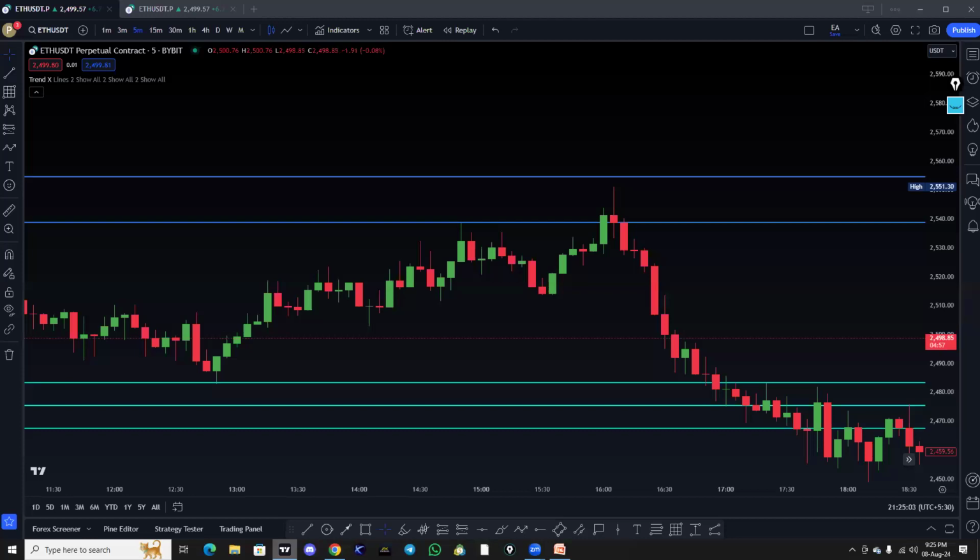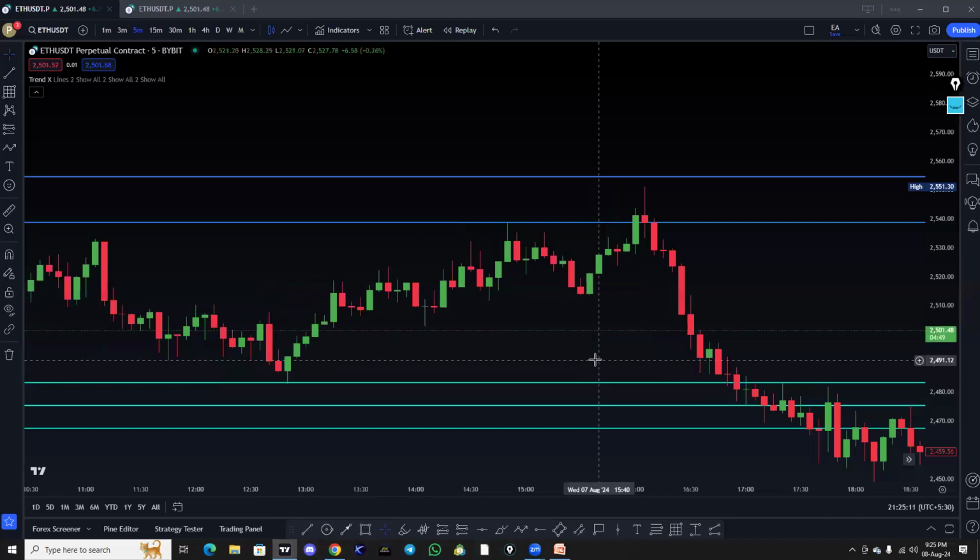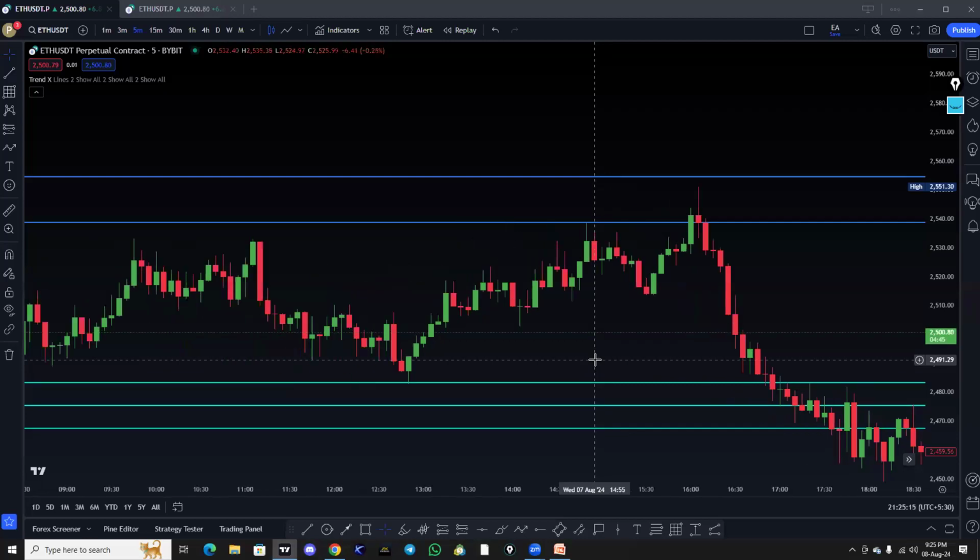So obviously, when we're going for a short, the candles are at resistance, and when we're going for a long, they're at support. Correct. This is like my day 5 with you guys, so I'm still quite early on all the Trendex lines.